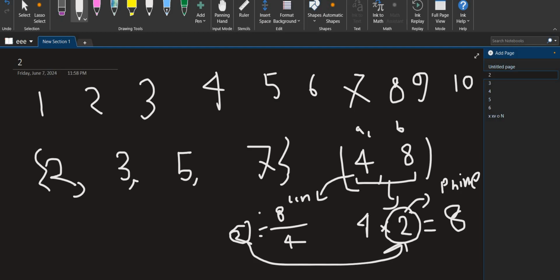So we can observe a pattern here: if between a pair A and B, the bigger number is divisible by the smaller number, and that divisor itself is a prime number, then I can guarantee that these two numbers' LCM divided by GCD would also result in that same prime number.